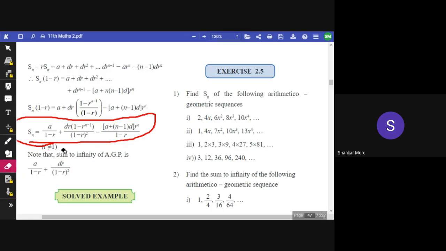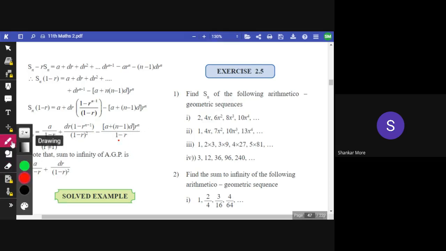There is no option. Note, R is not equal to 1. If R is equal to 1, this becomes 0 and this term becomes infinity, and any term that is divided by 0 is not defined. So we have to take care that R is not equal to 1.